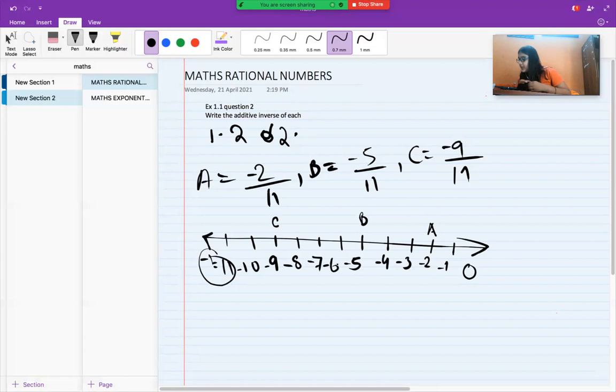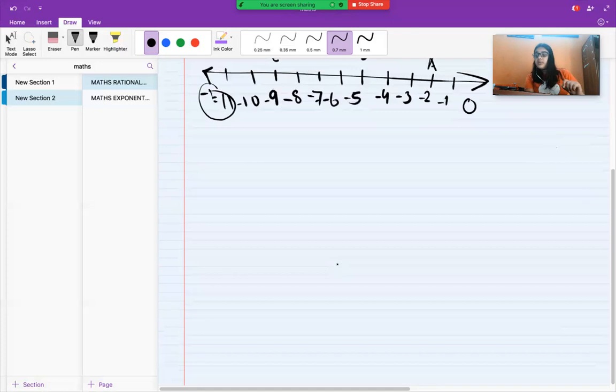Now we're left with 3, 4, 5, and 6 and 7. So we are doing 1, 2, 4, 5, 7. Okay. Now let's go to question number 4, I think. Find the rational numbers between minus 2 by 5.